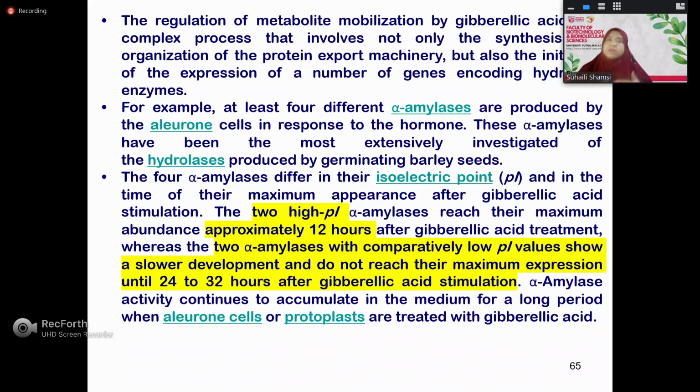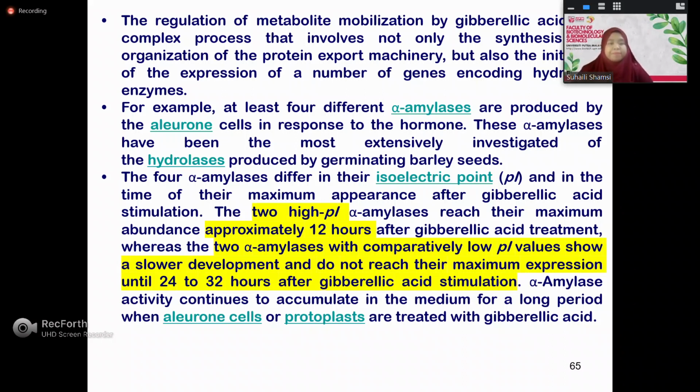And seed germination, it takes time, all right? As you can see here, there are four alpha amylases that have different isoelectric points, and because they have different isoelectric points, they are released according to time.